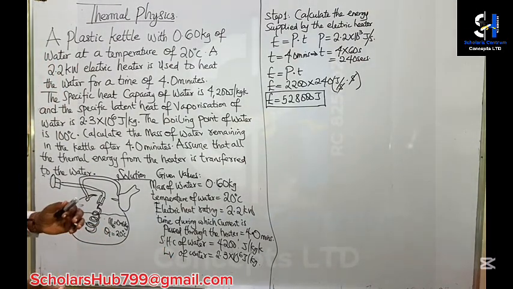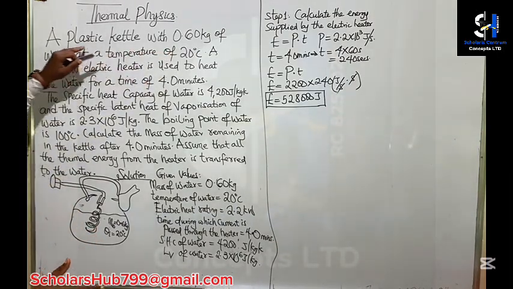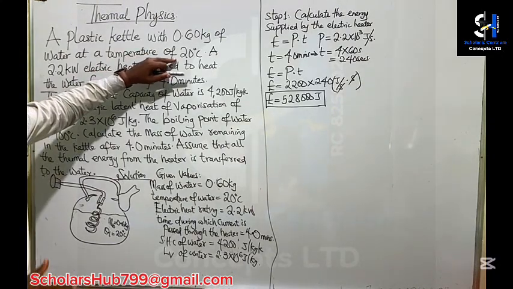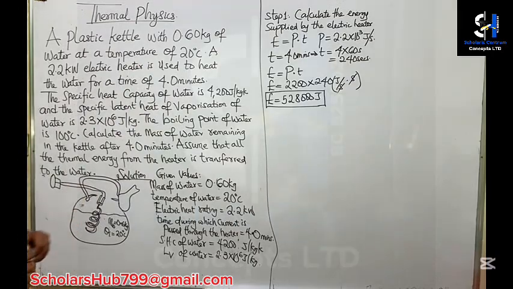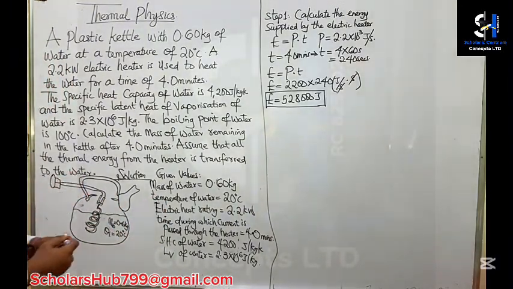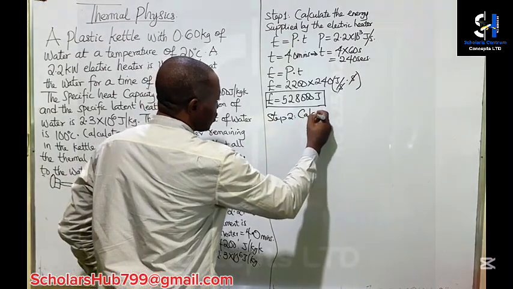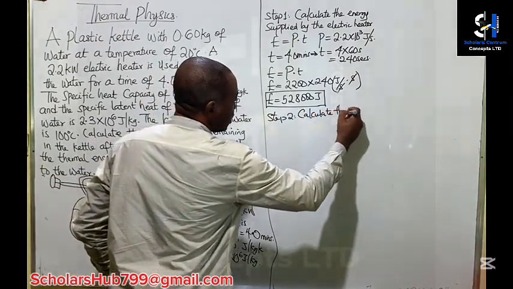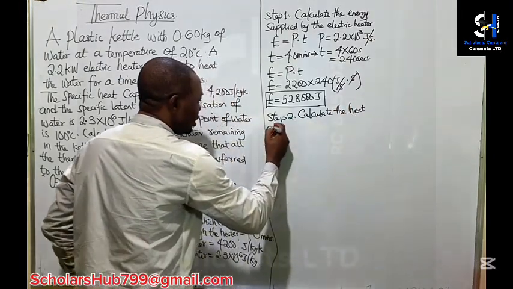So now step 2. The initial temperature of water is 20 degrees Celsius. Let's calculate the heat energy required to heat water from 20 degrees Celsius to 100 degrees Celsius.